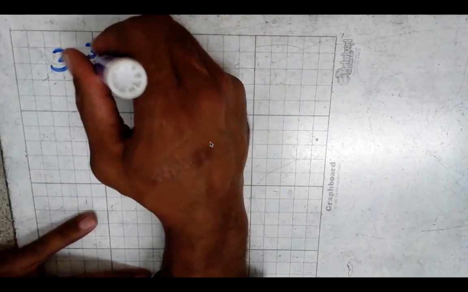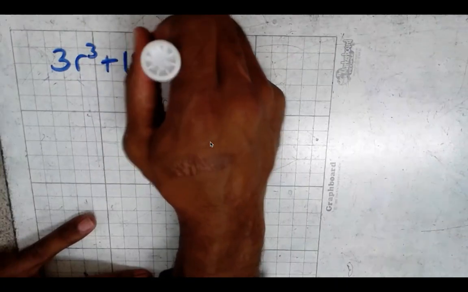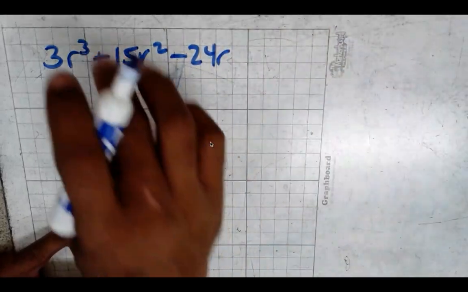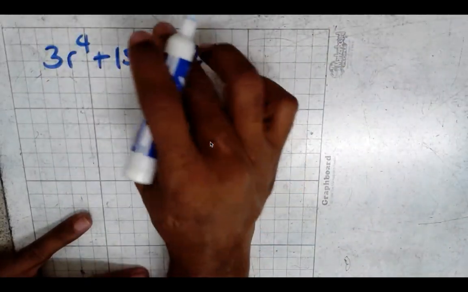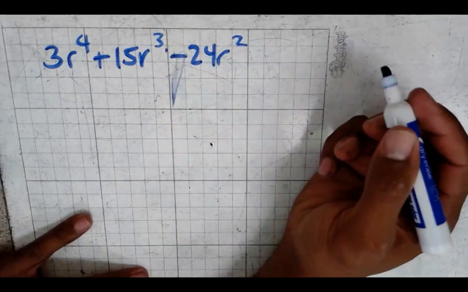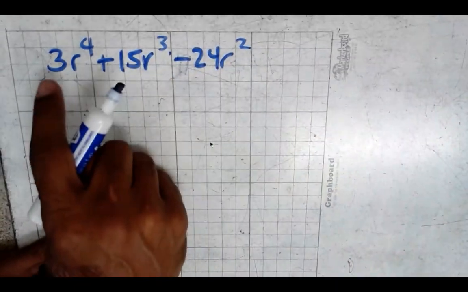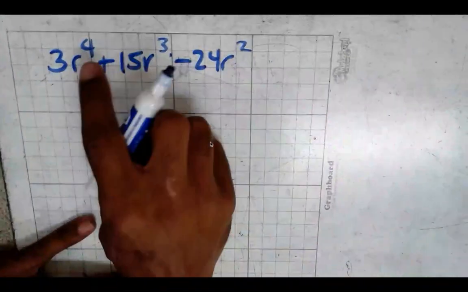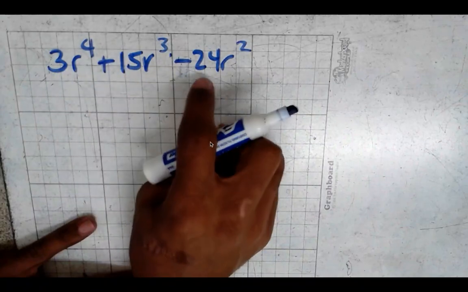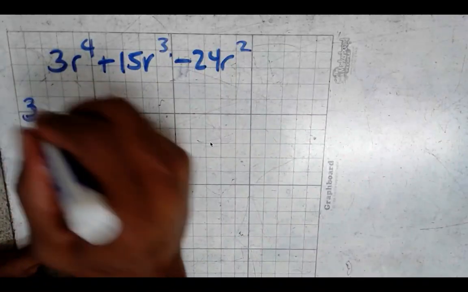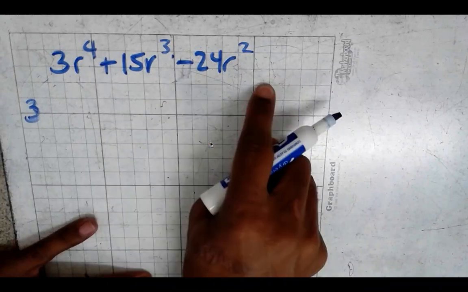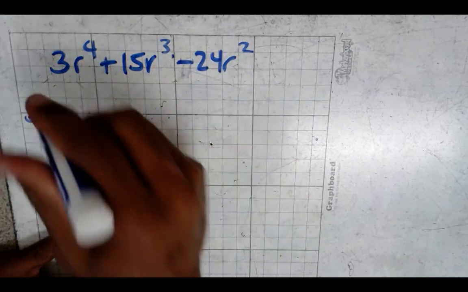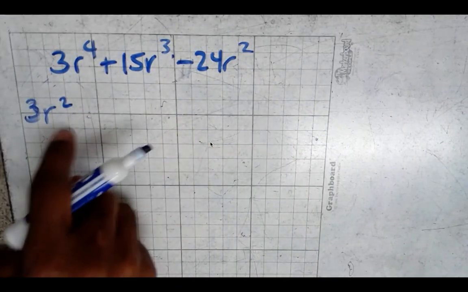Let's say I have 3r to the fourth plus 15r cubed minus 24r squared. The first thing I do is look for a common factor between all the coefficients. 3, 15, and 24 all have a common factor of 3. Then I look at the variables, and they all have at least r squared. So my greatest common factor is 3r squared.